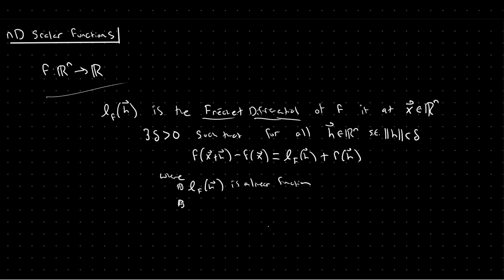And this remainder term must satisfy the following limit. The limit as the size of h goes to 0 of the absolute value of the remainder over the size of h must go to 0.